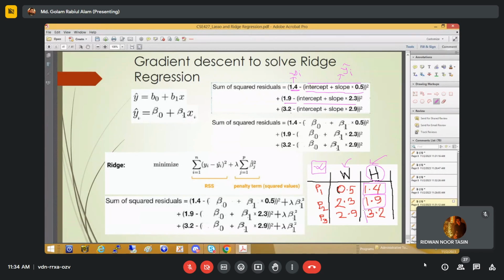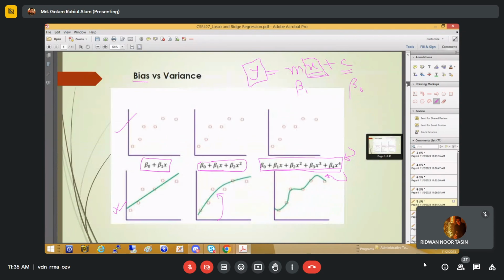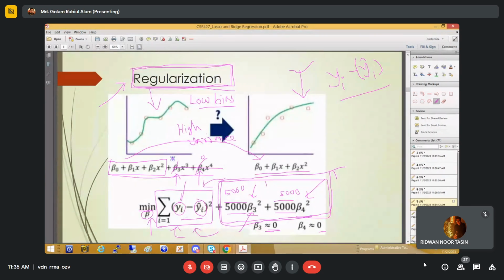For the third one, yi is 3.2, and this one is our yi hat. That is our equation, intercept plus slope times x. The same thing we are using here. In this same equation, the sum of square residuals, you can also say the mean squared errors.